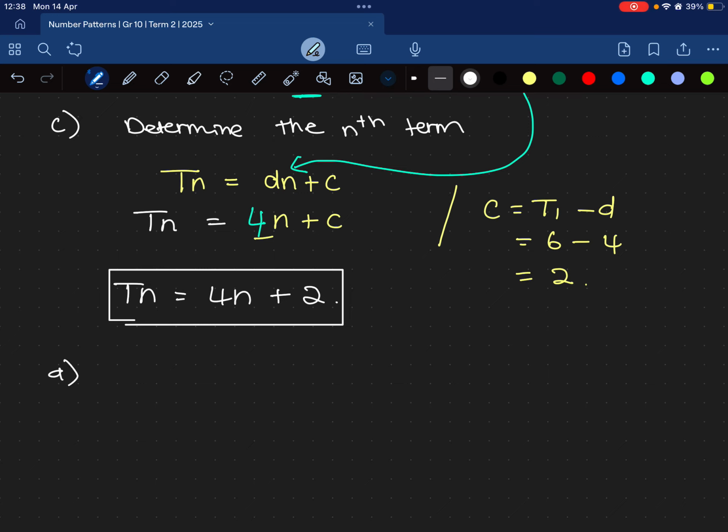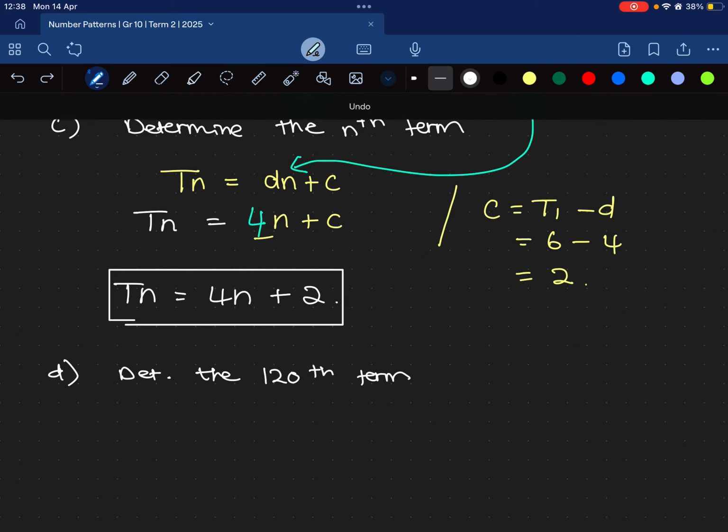So let's look at the next question. I say, well, determine now the 120th term. So what is this asking of me? Is it saying, is the term 120, or is it asking for the 120th term?